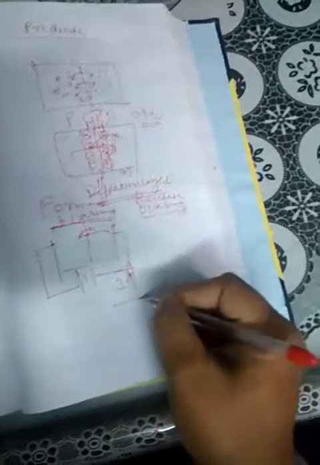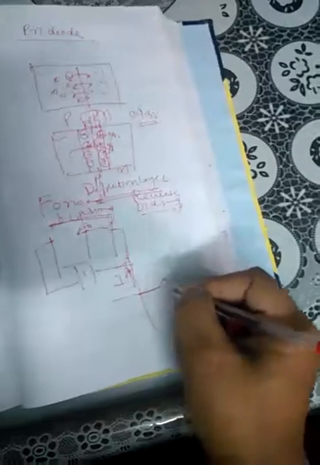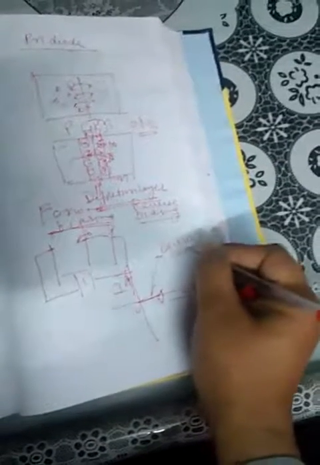So when a graph of V versus I is plotted, at the initial stage, when we increase the voltage, there is no increase in current up to a certain voltage. This voltage is called the barrier voltage. Up to the barrier voltage there is no increase in current, so V is not proportional to I here.